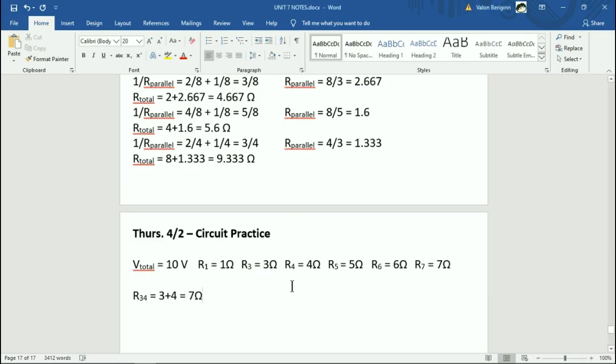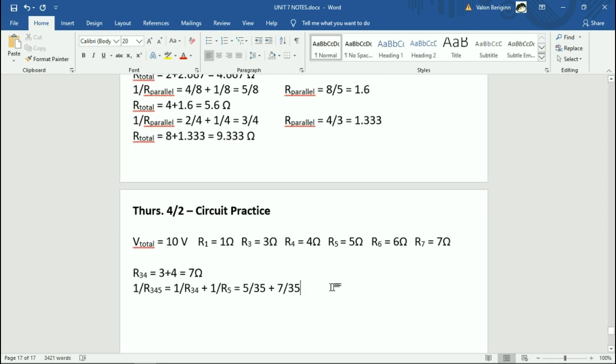So they're in parallel. So 1 over R345 is going to equal 1 over R34 plus 1 over R5. So we get 1 over 7 plus 1 over 5, which becomes 5/35 plus 7/35.